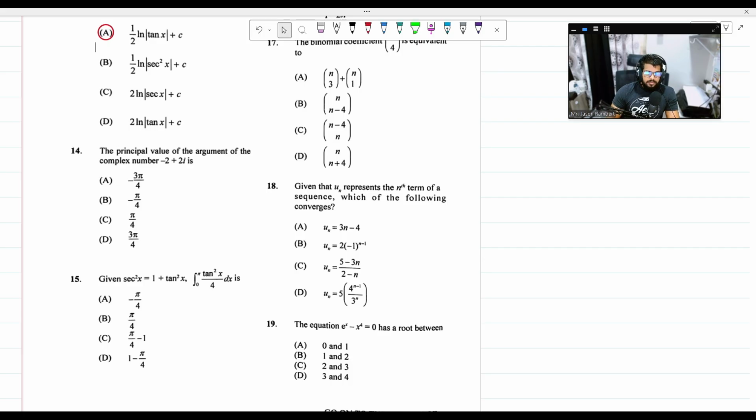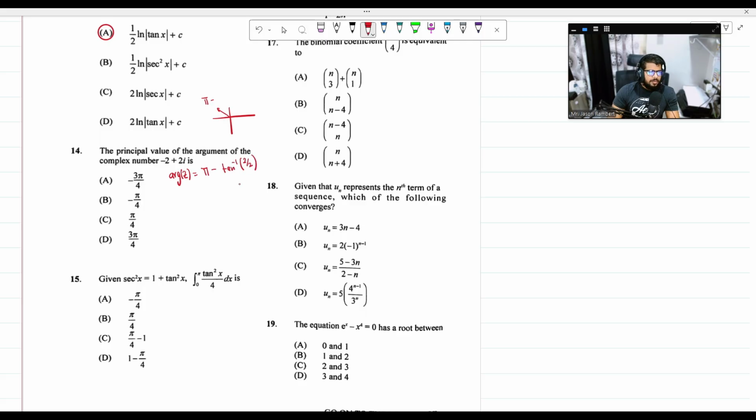The principal value of the argument of the complex number is going to be, let me get the argument of the complex number first. So argument is going to be tan inverse. Well, it wouldn't be the argument as yet, right? Right now, this is in minus 2 plus, so it's going to be pi take away tan inverse of 2 over 2.